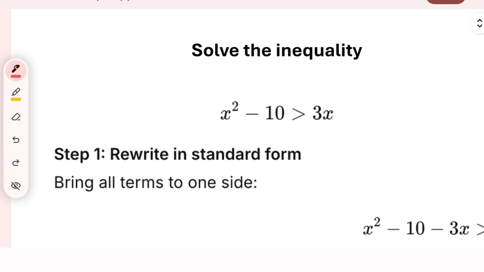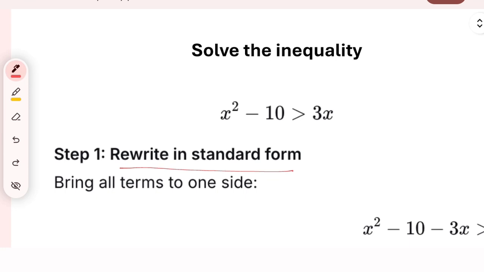So if you are given an inequality and you solve for the inequality, the first step that I would suggest is this. I want you to rewrite it in standard form. So what is a standard form? The standard form is when you rewrite everything so that one side would be 0.